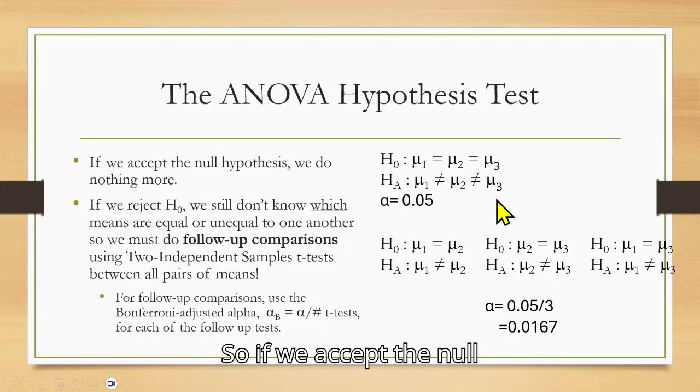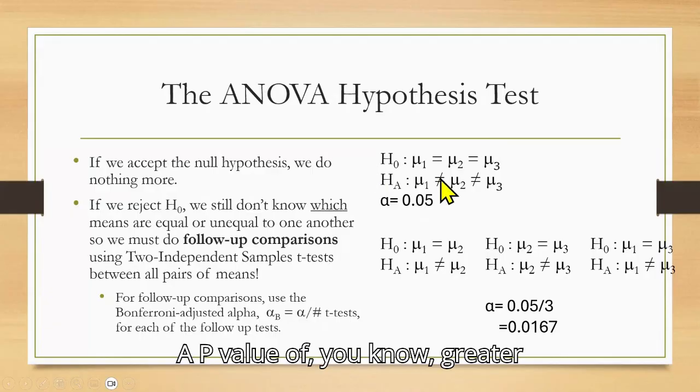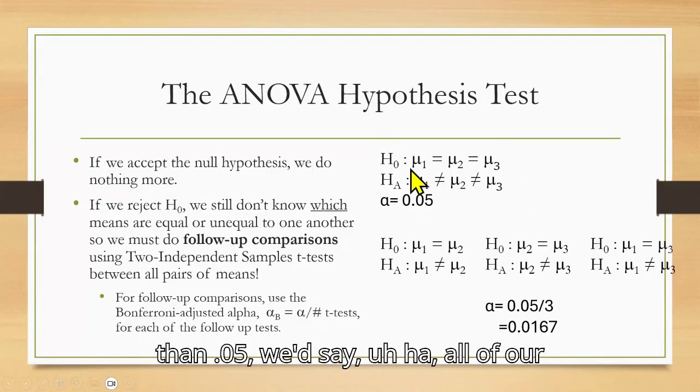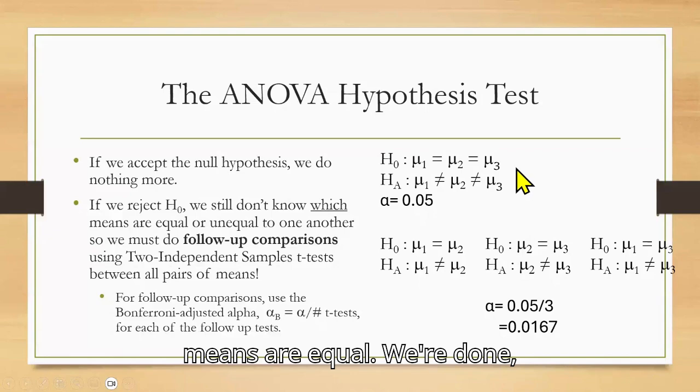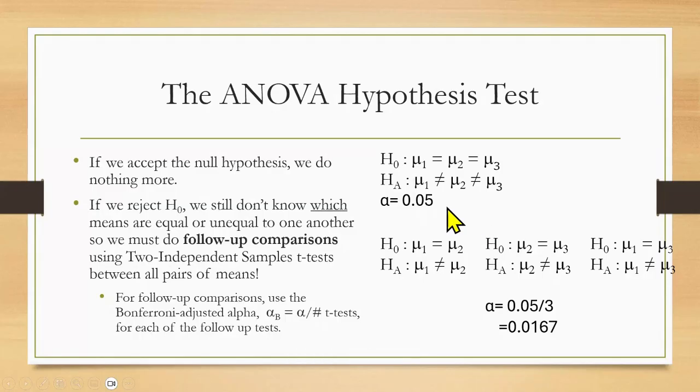If we accept the null hypothesis, if we'd had a p-value greater than 0.05, we'd say, aha, all of our means are equal. We're done. In our sample example, we rejected the null, so our means are not all equal.